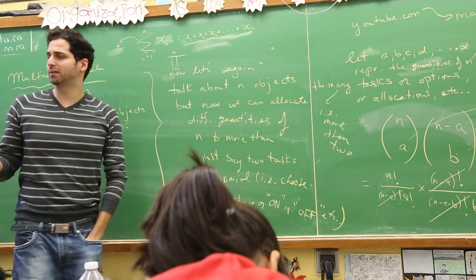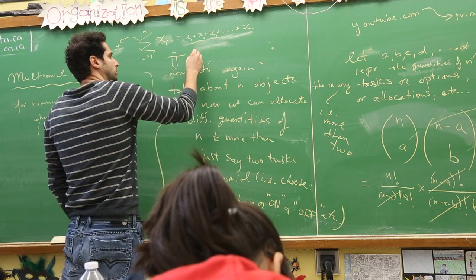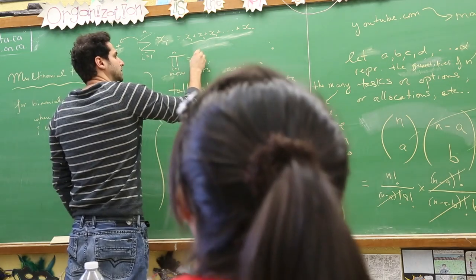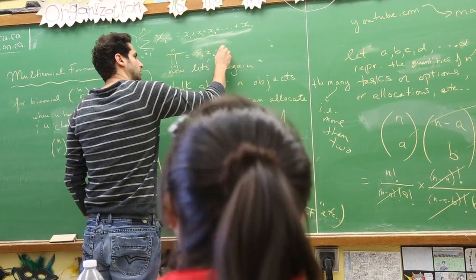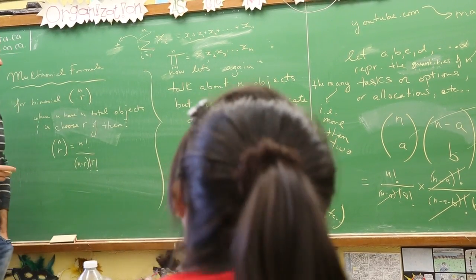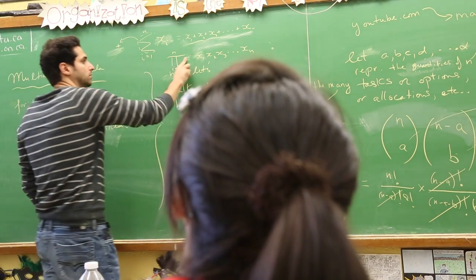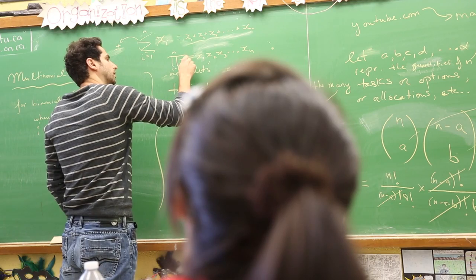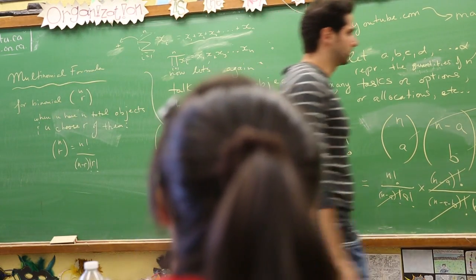Well, mathematicians also wanted to create a notation for multiplication. They use pi, and so you would have a scenario like this: x1, x2, x3. After the sign, you're going to say x sub i. Oh yeah, that's right. Thank you. So I guess we could do something like that.